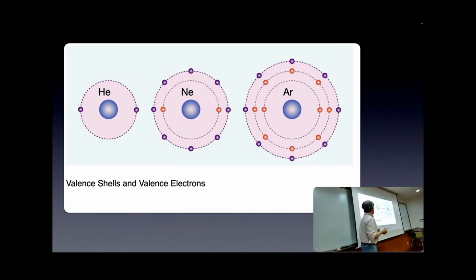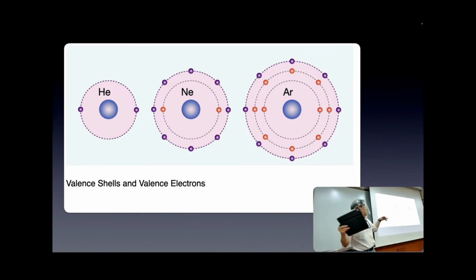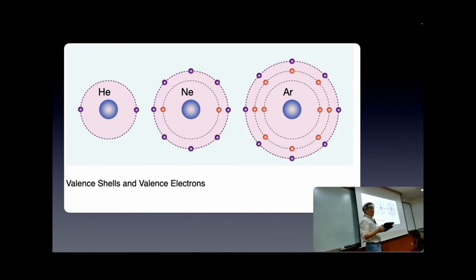So the smaller the atom. What do I mean by smaller atom versus heavier atom? How many protons, neutrons, and electrons a single atom has determines its weight. A smaller atom has only a very small number of electrons, so all those electrons can be accommodated in one single electron orbit.